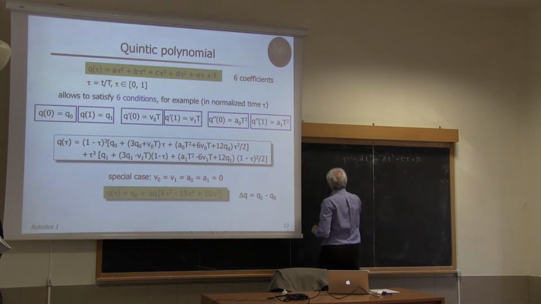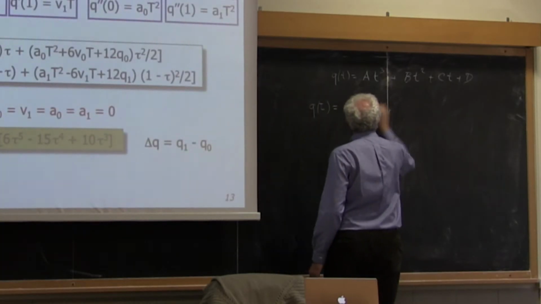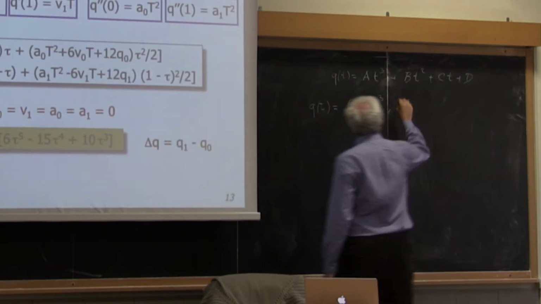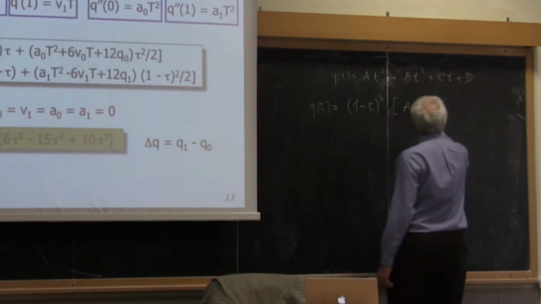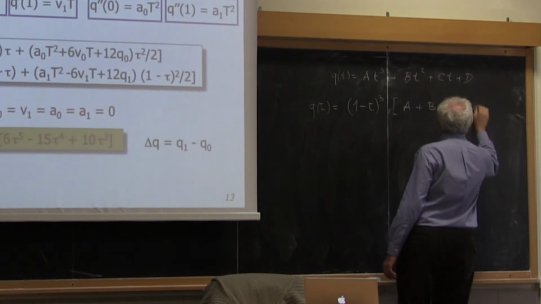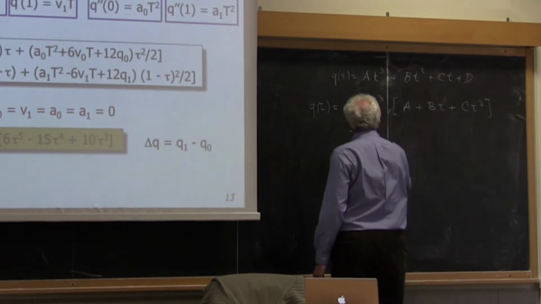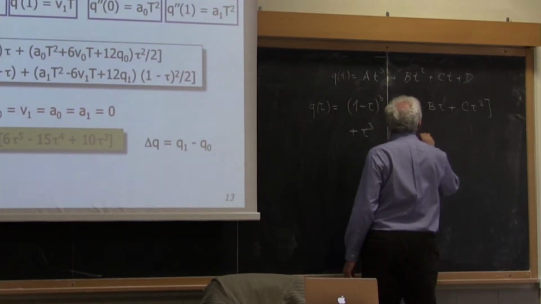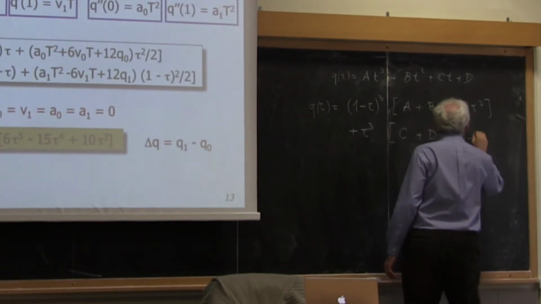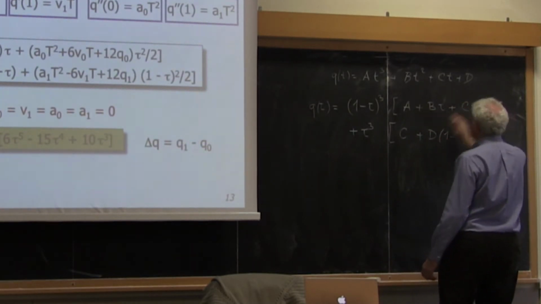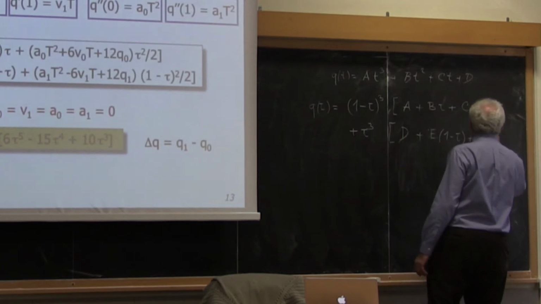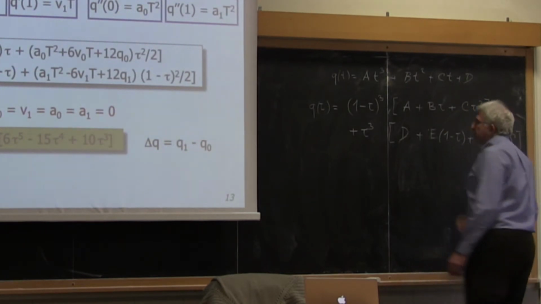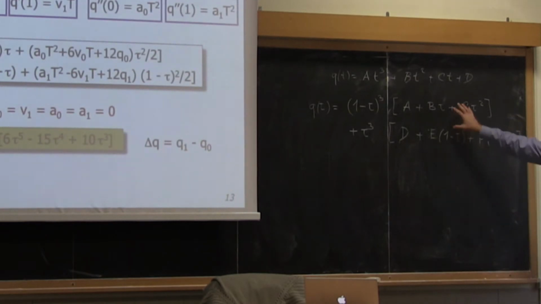Then I would write this as q(tau), and this is the general form: (1 minus tau) cubed times (a plus b tau plus c tau squared), and then plus some symmetric term, tau cubed times (d plus e (1 minus tau) plus f (1 minus tau) squared). So you recognize this? So this is the general format.